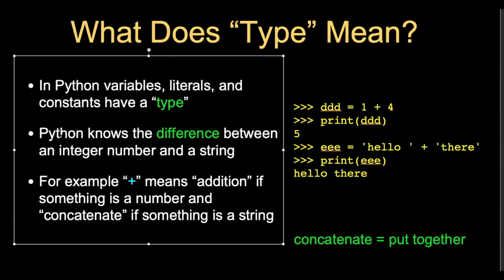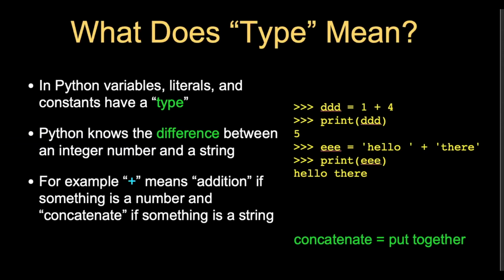Okay, Python actually knows the difference between the two because whatever is happening on the right-hand side, which is your expression, evaluates to something, right? So when you have a string plus another string, now this is very curious. A string is a collection of characters. How do you do arithmetic with two strings? Well, it turns out that this plus is actually a string function. Now these two strings look not like a class at all, but a string itself is an object in Python, and by virtue of having a plus sign, it means you're concatenating two strings.